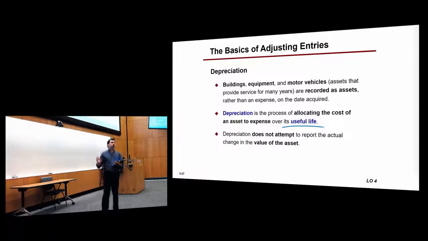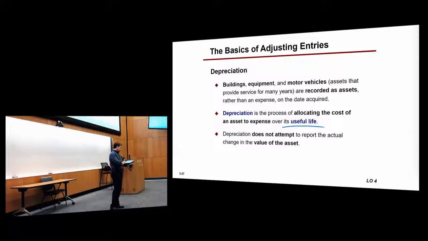How we split them, we will learn later on, but the simplest way is to divide it by the year. So every year, you have an expense for that truck of $20,000. This is what we mean by depreciation. It's simply splitting the cost of an asset, usually like a building, a truck, a machine, over the useful life of that asset. Useful life is how long you expect it to be used for.